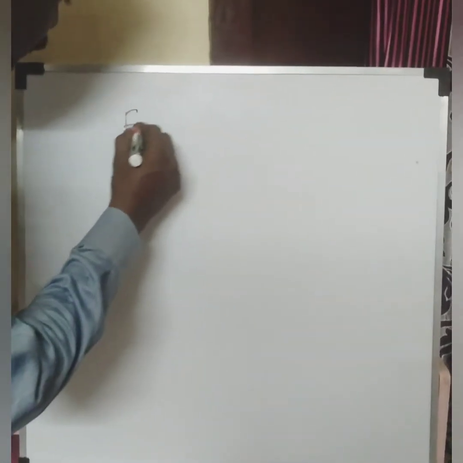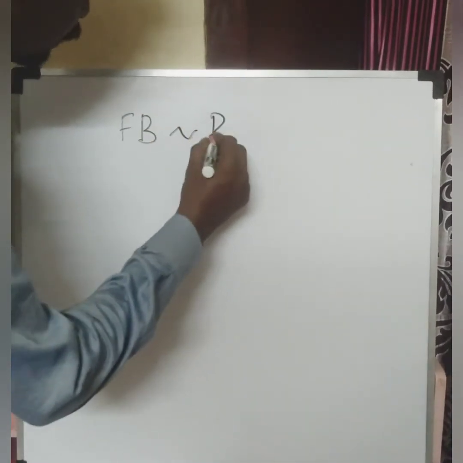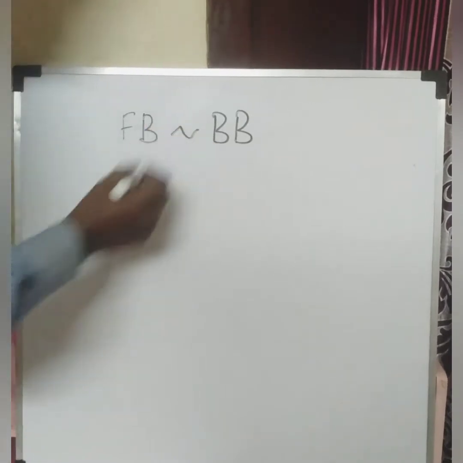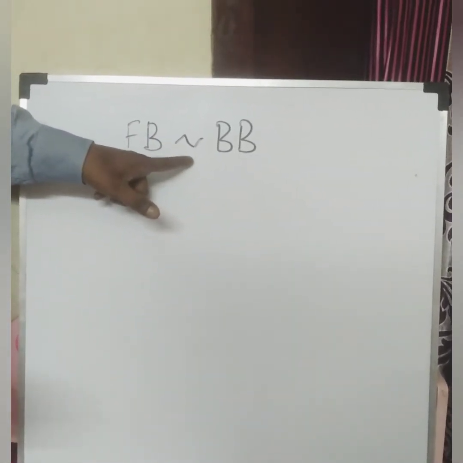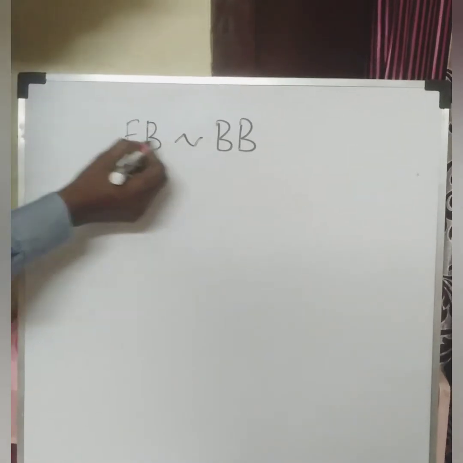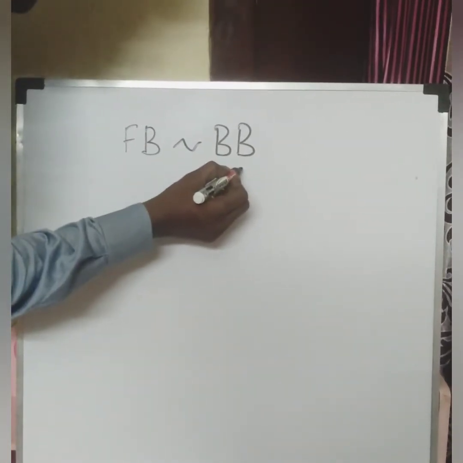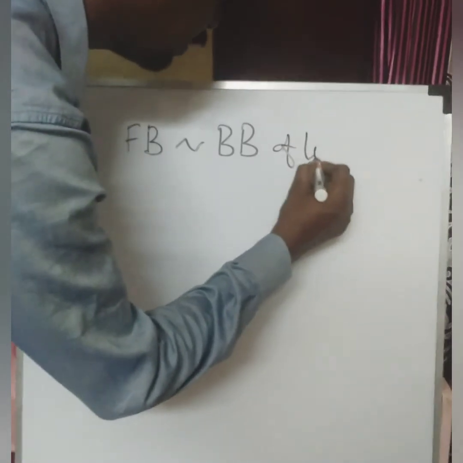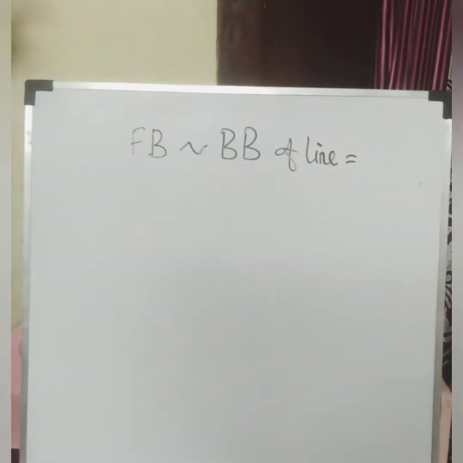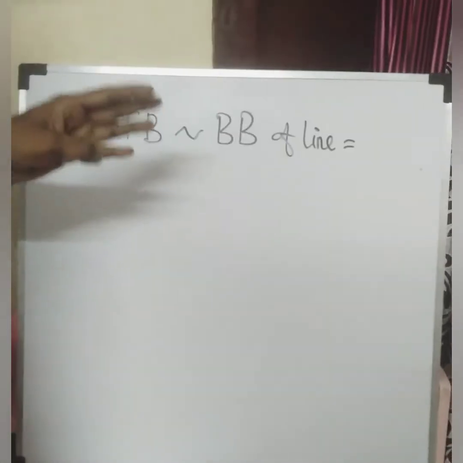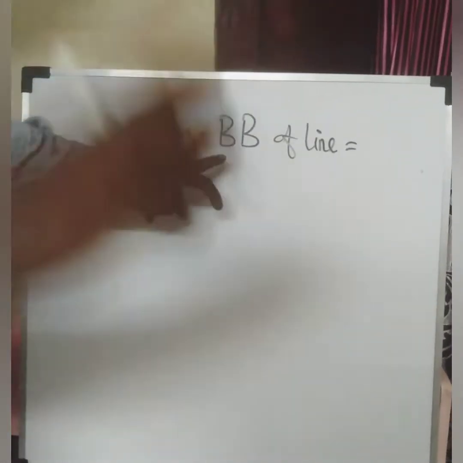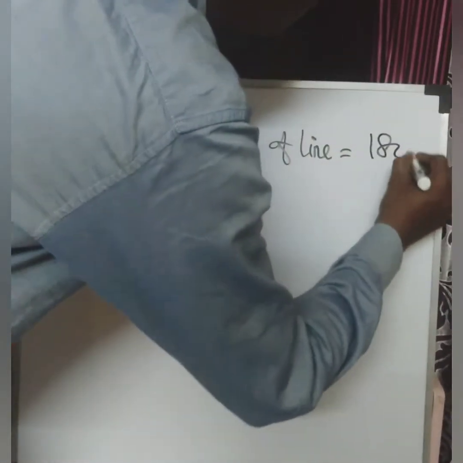How to identify? We know the condition satisfied by a line: the difference between the forebearing and back bearing. This is not a negative sign, this is the difference. The difference between the observed forebearing and back bearing of a line, say line AB, the forebearing of AB and back bearing of AB, is equal to 180 degree.